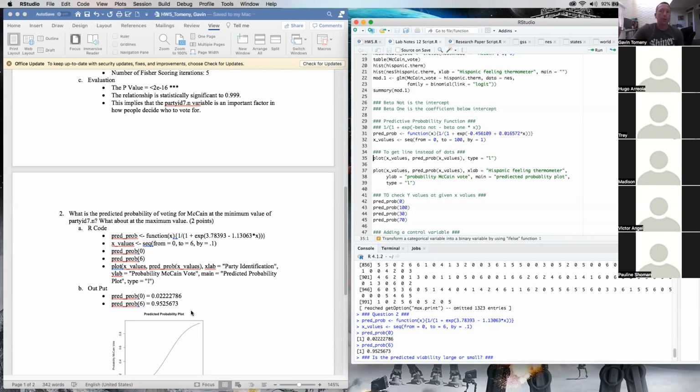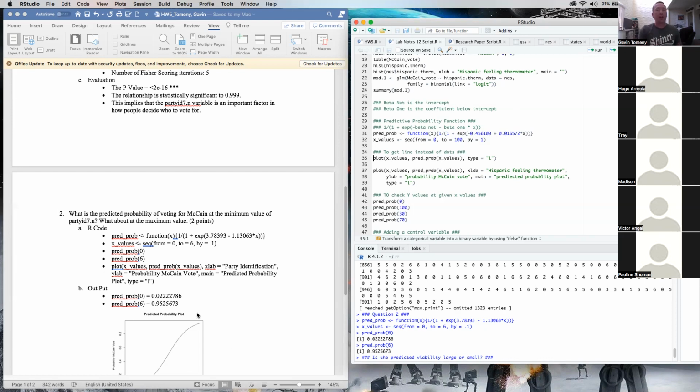0.9525673. So now what this means is you have to remember 0 is super liberal, as far left as you can go. And so if someone is that far left, there is a 0.0222786, or basically a 2% chance that they're going to vote for McCain.